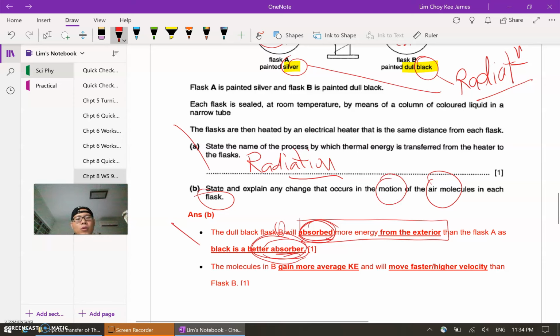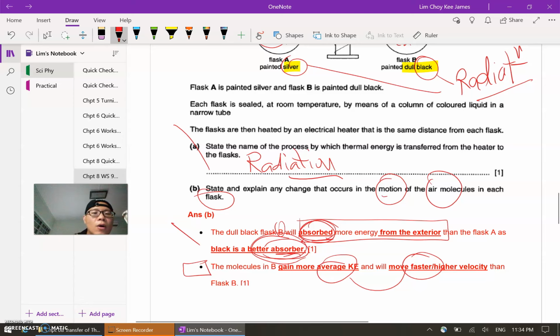Motion of molecules here is the additional keyword that we have from chapter 8 or maybe from chemistry. When you absorb more energy, the molecule gains more kinetic energy, and it will move faster, or it will vibrate more vigorously. This keyword actually comes from inference from the question.